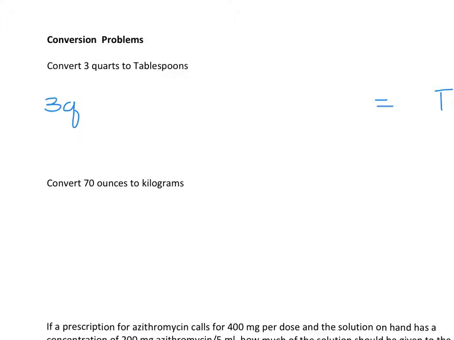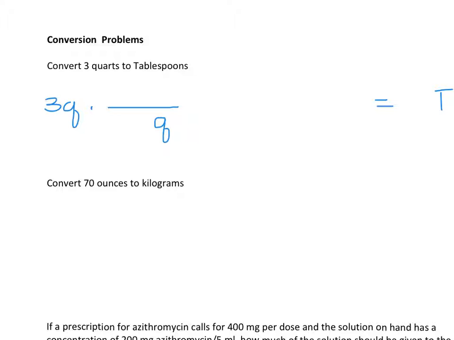And now we have to fill in this in-between spot with conversions to get quarts to tablespoons. So we're going to multiply 3 quarts by a ratio of quarts in the denominator and then some other quantity in the numerator. If you use that conversion sheet, you see that we can't go directly from quarts to tablespoons, but we can go from quarts to cups.